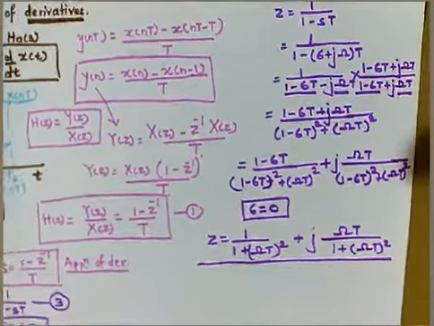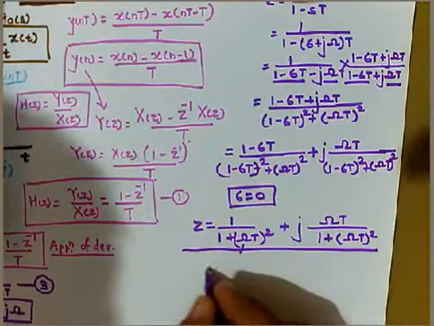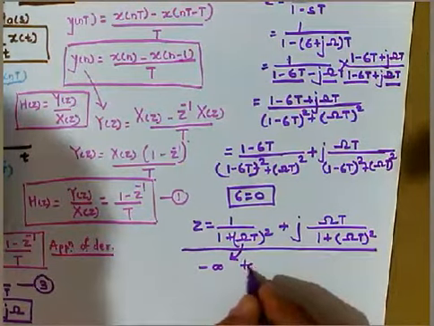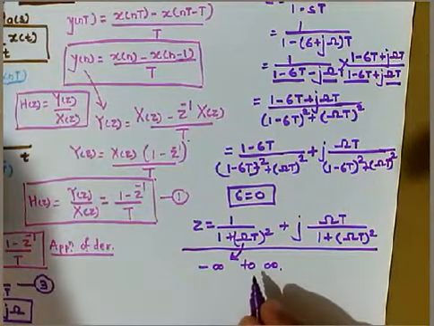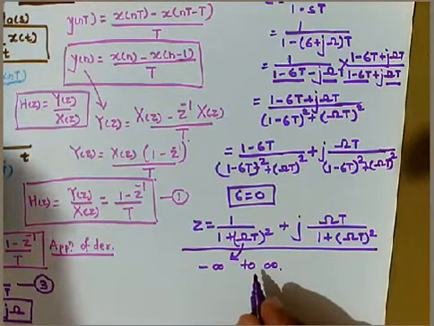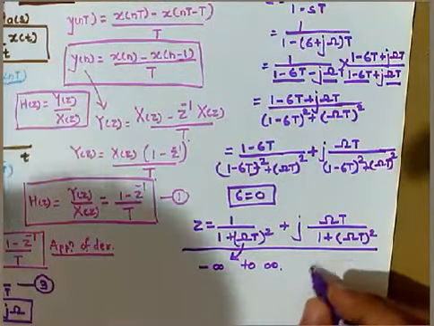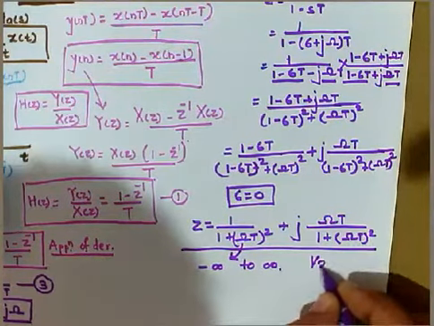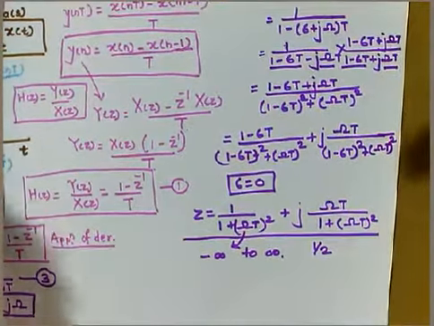Now this equation indicates that as we range omega from minus infinity to plus infinity, we can easily obtain that the corresponding locus of points in the z plane is nothing but a circle of radius 1 by 2. Now how to map this entire section?